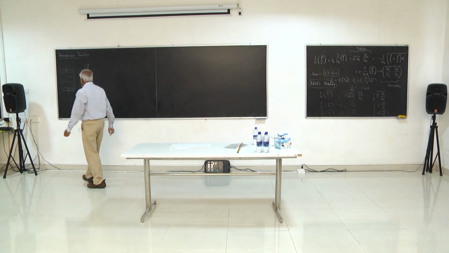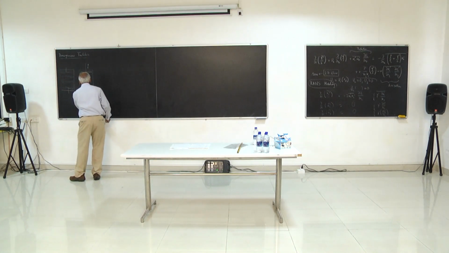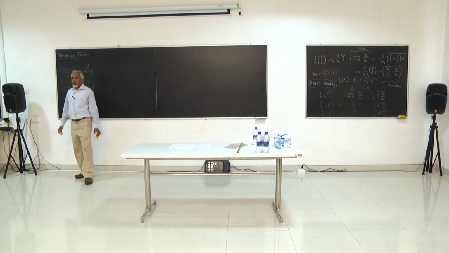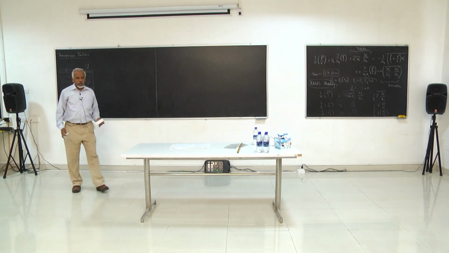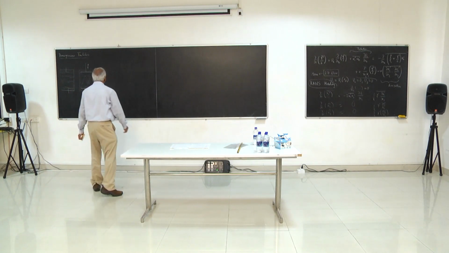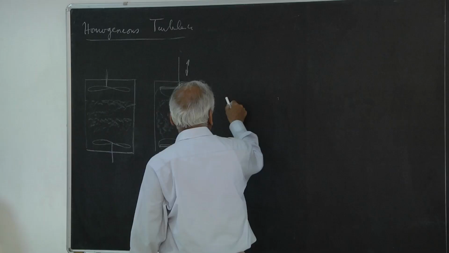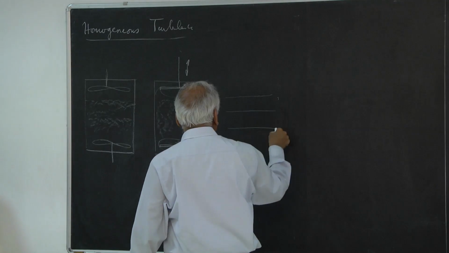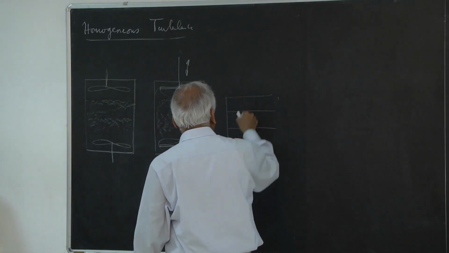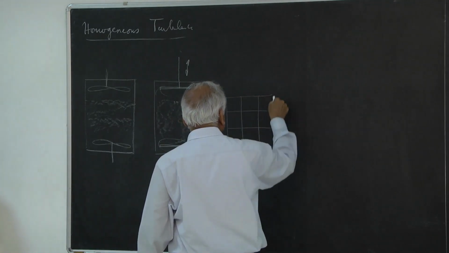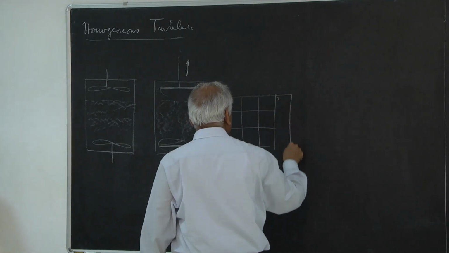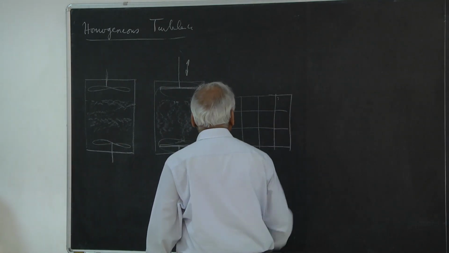A third way, which is very standard practice, is to use wind tunnels with grids. A grid is, as I said, exactly what I had. I'm doing it a little better this time, say that way.